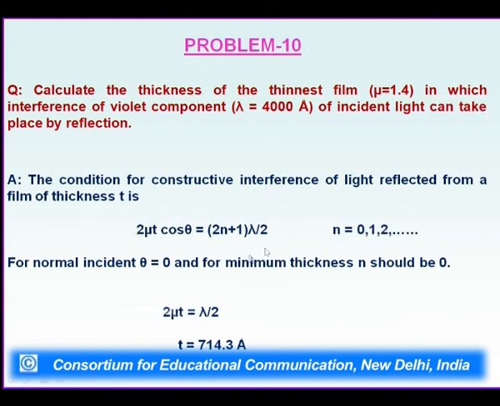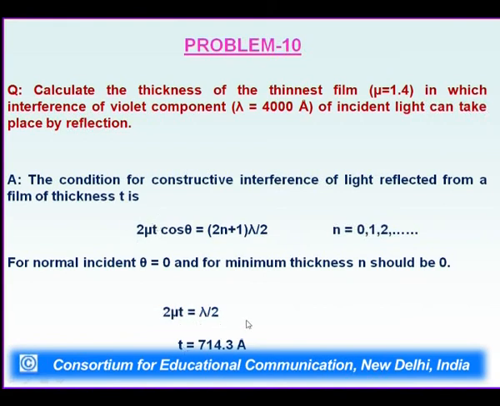From this formula we get the transmission of light through the slab, and we already solved this formula. We can put the value here: if the incidence is normal, the value of theta will be 0, and for the minimum thickness n should be 0. So we can write 2 mu t cos theta is equal to (2n plus 1) lambda by 2, here cos theta is equal to 1 and n is equal to 0, then we get only lambda by 2 on this side, and on this side we have 2 mu t.